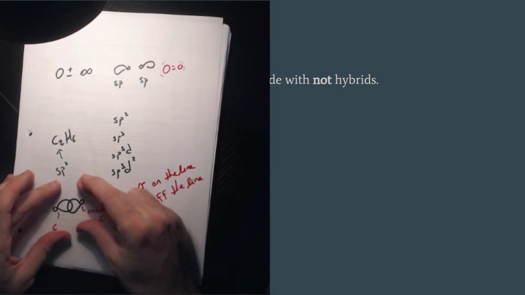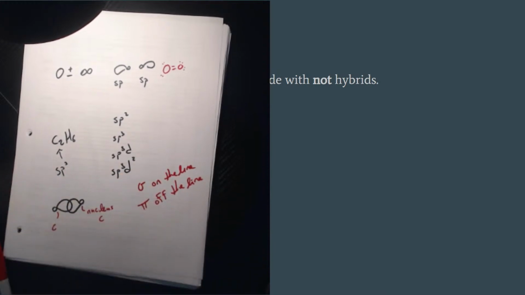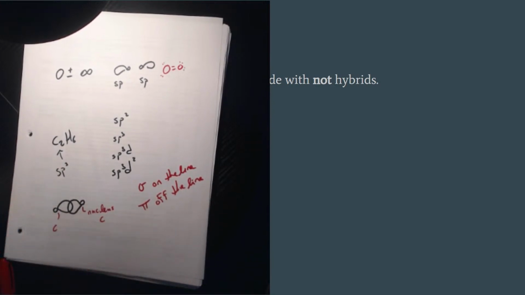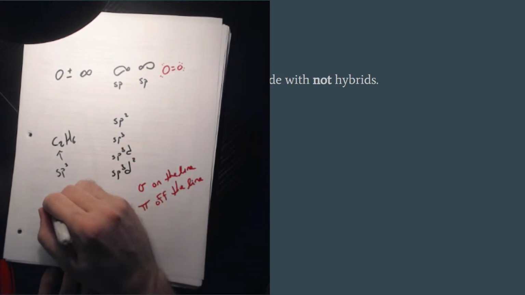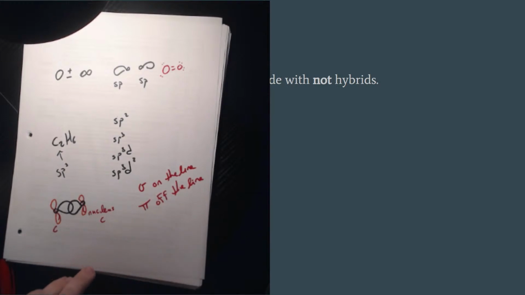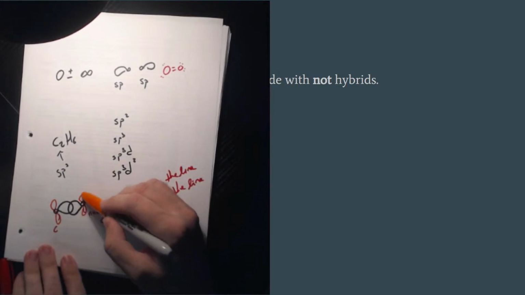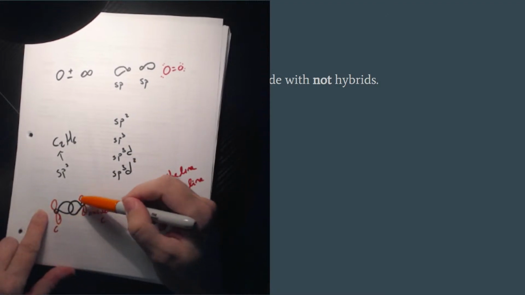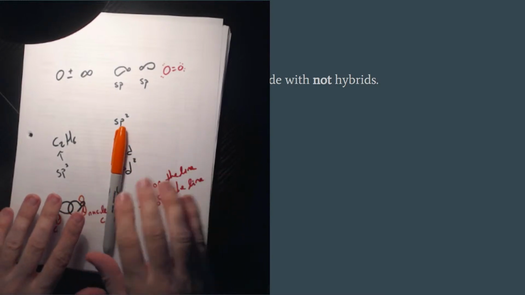Instead, they will of necessity be either above and below or in front and behind. And notice I said above and below or in front and behind. That's because when we use the p orbitals to make that second bond, the p orbitals have those dual lobes, so they will be above and below at the same time. Or we have the one that's pointing in the third direction, and thus it would be in front and behind. Either way, it's off by 90 degrees.